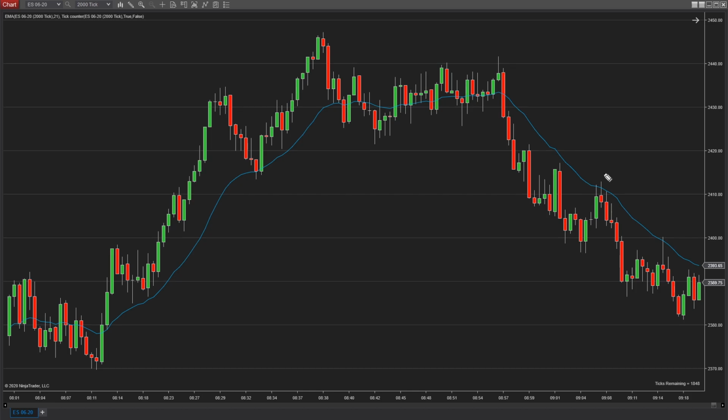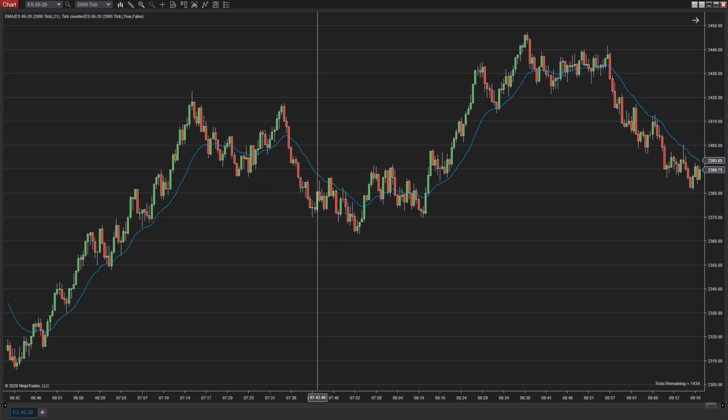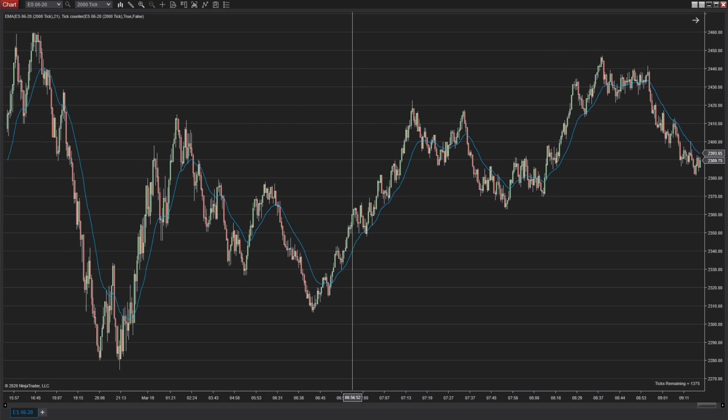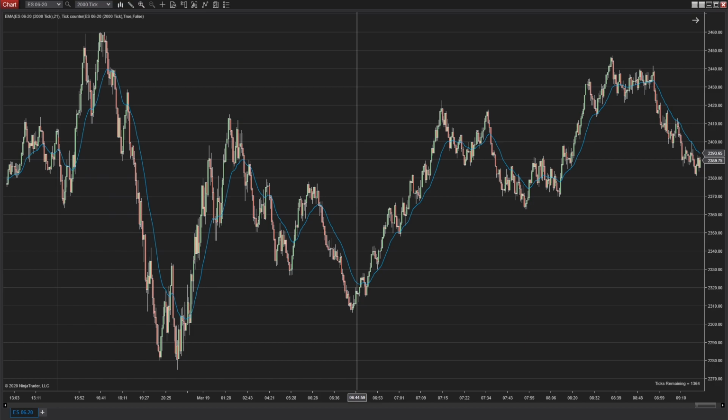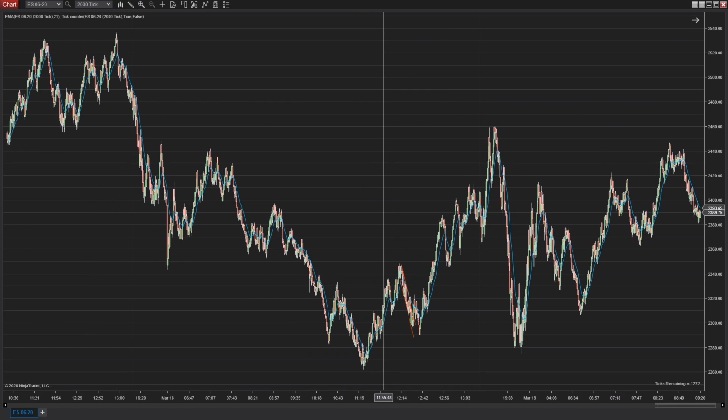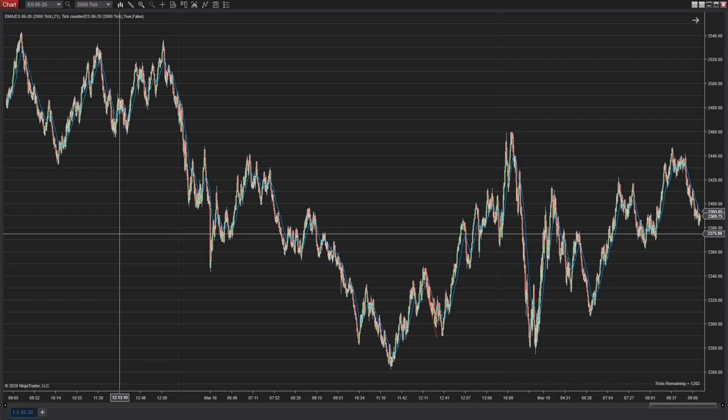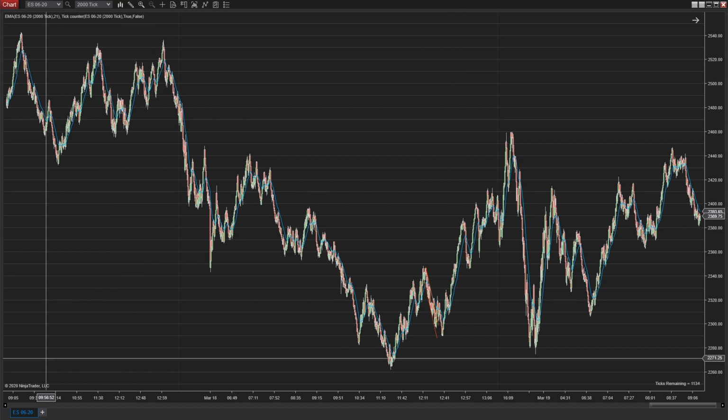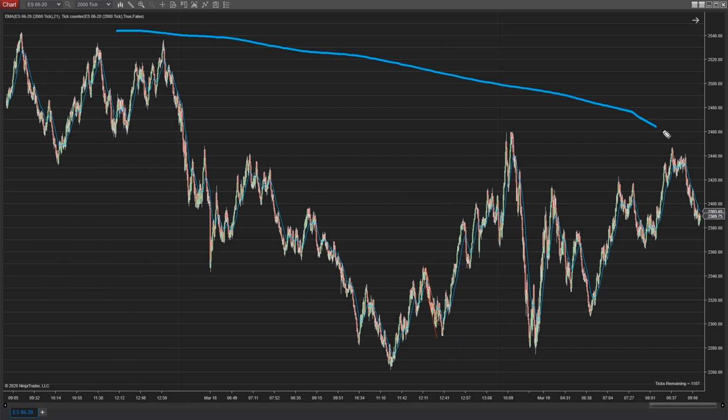Now, this is generally the size of trend we're going to be looking at, but there are always trends on lower time frames and higher time frames. And so what I mean by that is if we actually just zoom out on this chart, you can see that there are broader trends as well going on, right? And so if I zoom out to a couple days, you can see we are in kind of an overall downtrend.